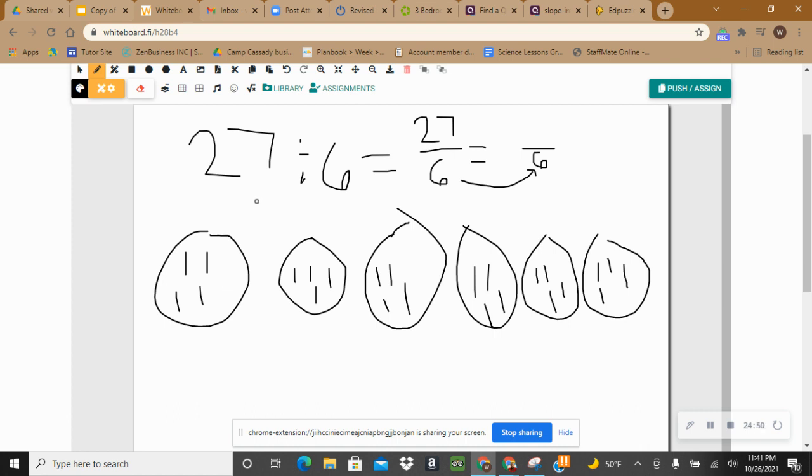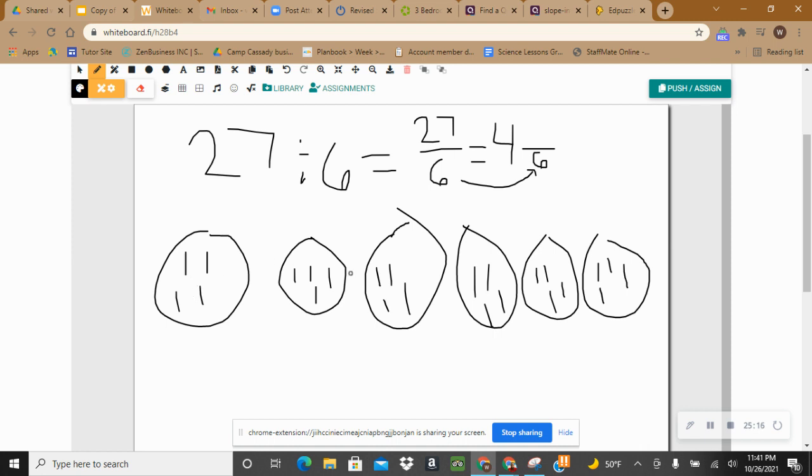Let's see, I got 24. That's getting close. So can I get 6 more? No, because that's going to take me 25, 26, 27, 28, 29, 30. So I don't have enough. So let's count how many do you see in each circle? So you have 4. So 4 is your whole number. So each classroom is going to get 4 boxes, and then there's how many left over.